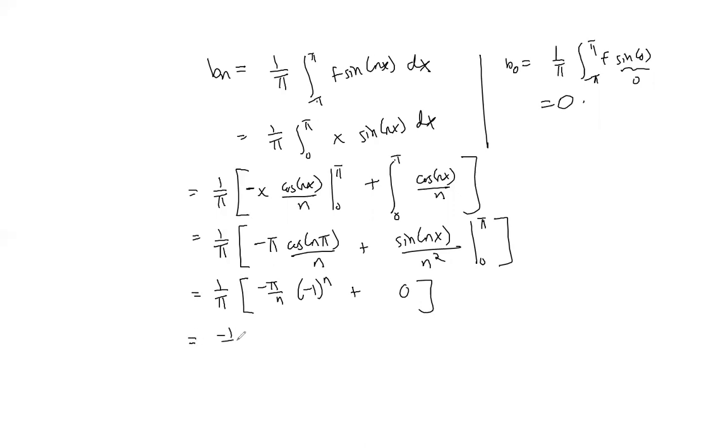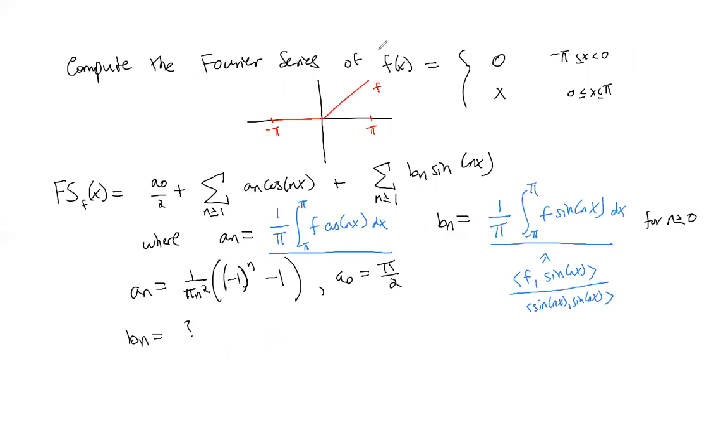So we get -1 over n, -1 to the n, which you can rewrite as 1 over n times -1 to the n plus 1. Okay, and then we've solved for our coefficients.